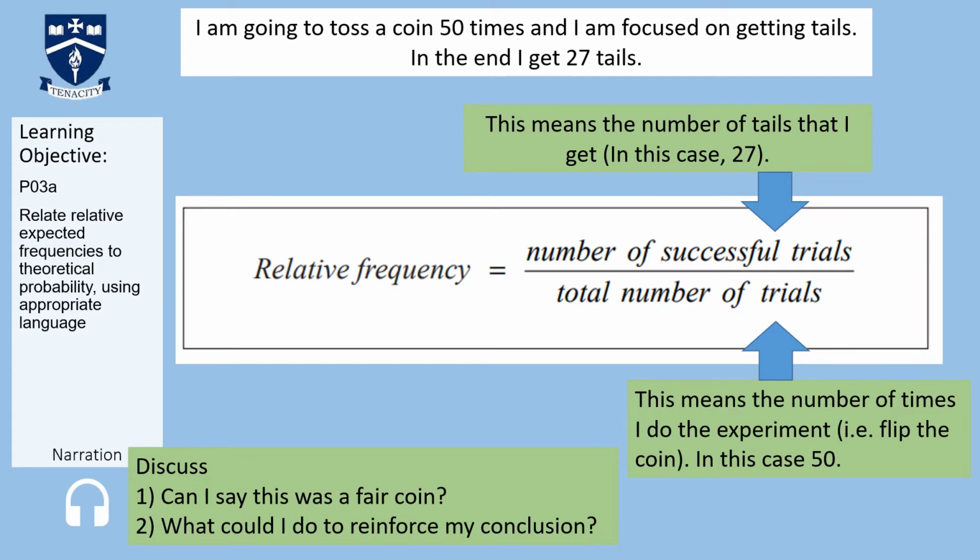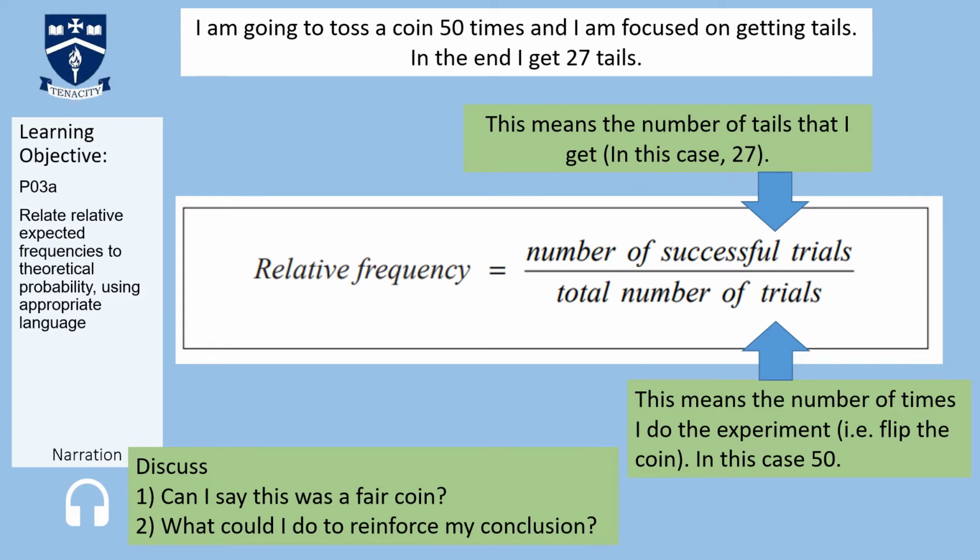To work out the relative frequency, I take the number of successful trials. In this case, because I was focused on the tails, it's the number 27, and over that I put the number of trials, which is 50. So the denominator is 50. The relative frequency of getting a tail in this experiment is 27 out of 50.